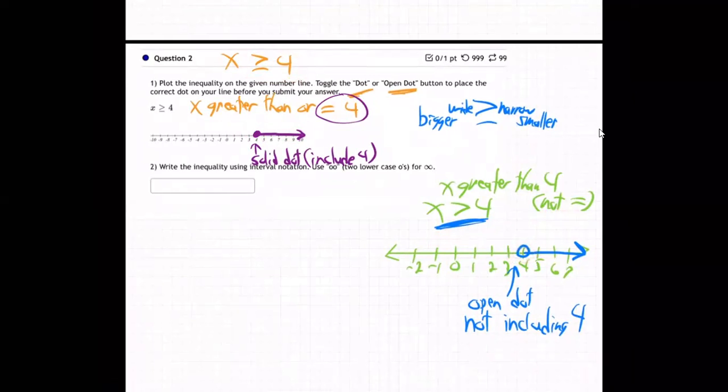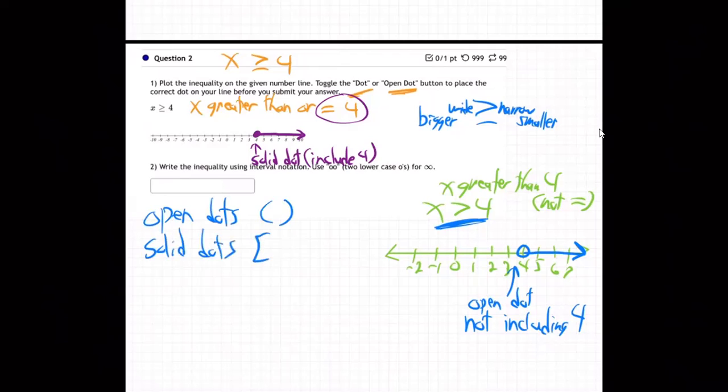Okay, and then remember, open dots go with parentheses, and solid dots always go with brackets, don't they? Because with solid dots, you're straight on the number. With open dots, you're only around the number.